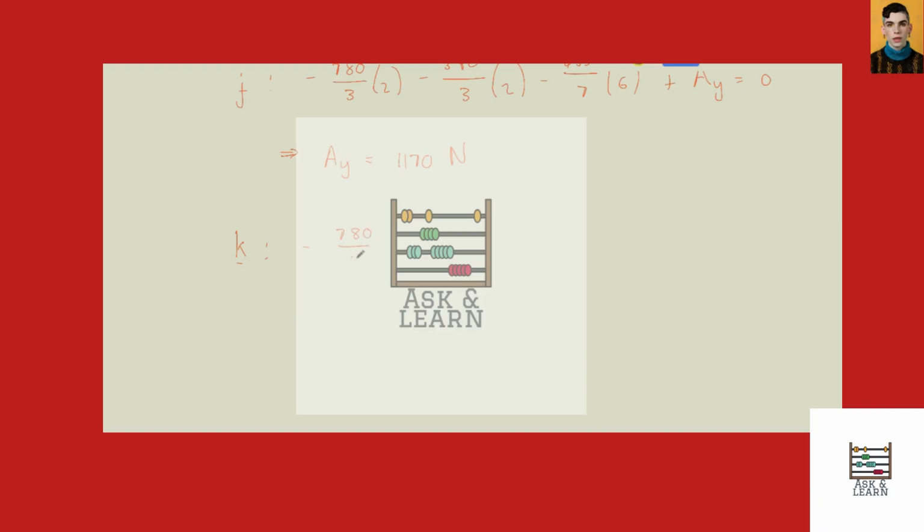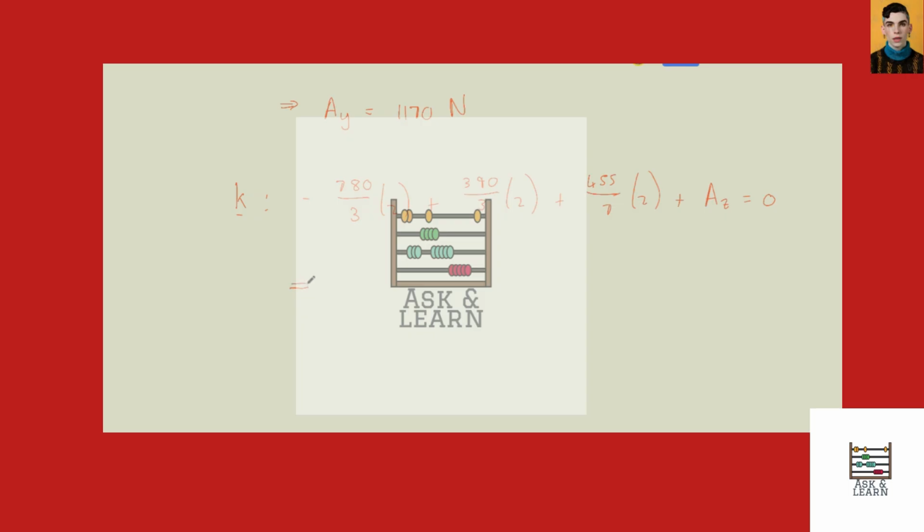Now finally, if we take the coefficient of K, we get minus 780 over 3 times 2 plus 390 over 3 times 2 plus 455 divided by 7 times 2 plus the z component of the reaction AZ must equal 0.